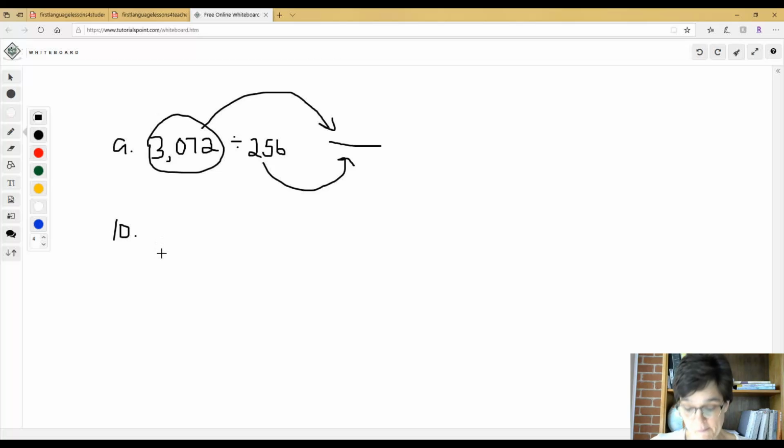Okay, on number 10, you've got 300, and then you got 150. Now, what's inside the box is being divided by. So 150 divided by 300.